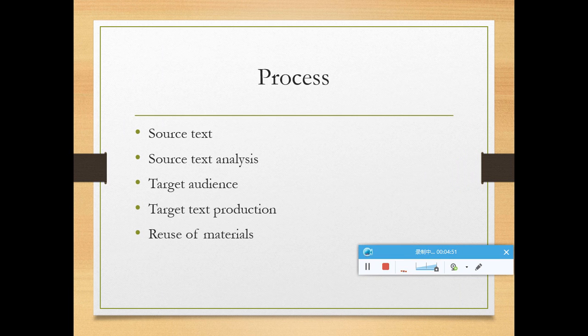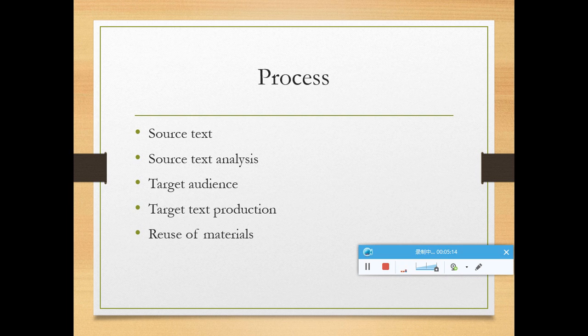Okay, so now I will talk about the process part. When I start to translate something, the first thing I need to do is to get the source text and analyze the text. I need to find out what the type of the text is, and then I need to focus on the target audience.